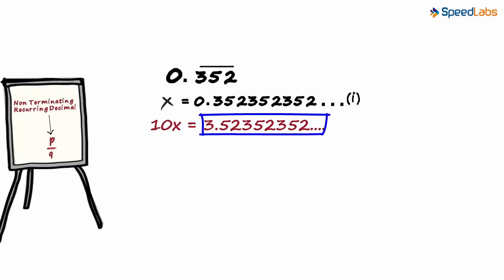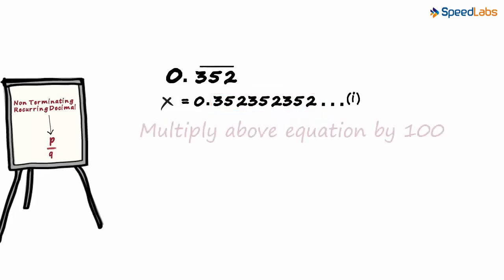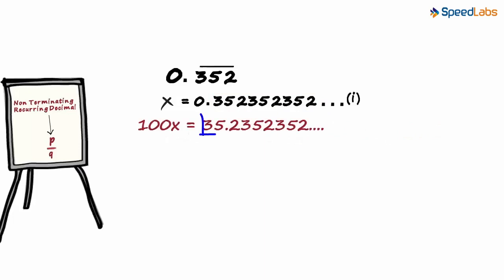It won't work because we have different numbers on the right-hand side of the decimal point. What if we multiply the equation by 100? We will get 100x equal to 35.2, 352, 352 and so on. Again, the digits after the decimal point do not match.